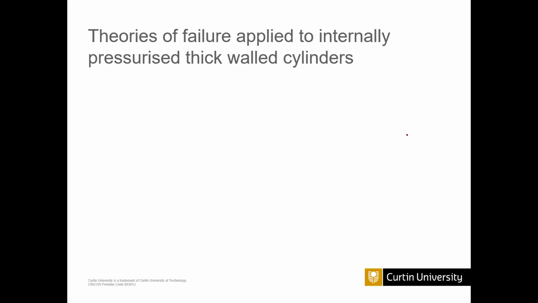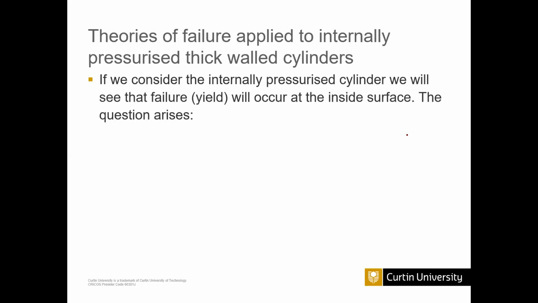Okay, sir. Theories of failure apply to the internally pressurized thick wall cylinder. Again, normally failure will happen at the inner surface, as I told you earlier, and it happens due to tangential stress. You already saw the graph and the values.